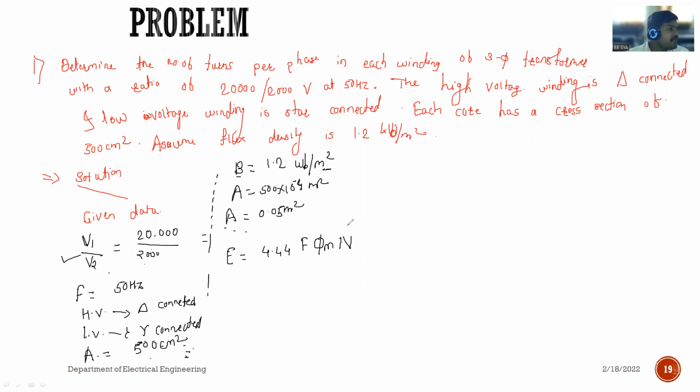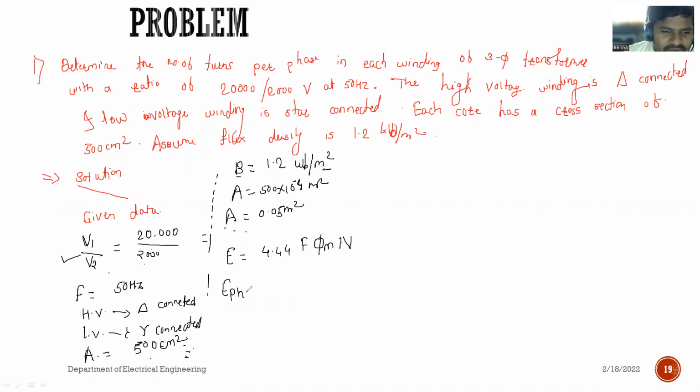Suppose we are calculating primary side, we are representing E1, N1 like that, or instead of representing n, we are representing T, number of turns, that is TPH1. Now see, this induced EMF formula for phase or line साठी असेल का, phase साठी असेल? So we are generally writing it into phase.